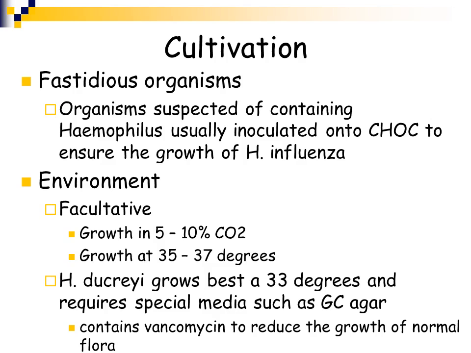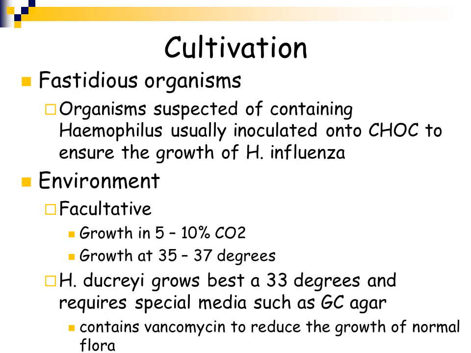Now, to cultivate these organisms, they are fastidious or fussy. If you had a spinal fluid, after you take some of it and do a direct gram stain, you would also do some platings, and you always want to plate on chocolate agar so that you can be sure that if Haemophilus influenzae is there, it's going to grow.